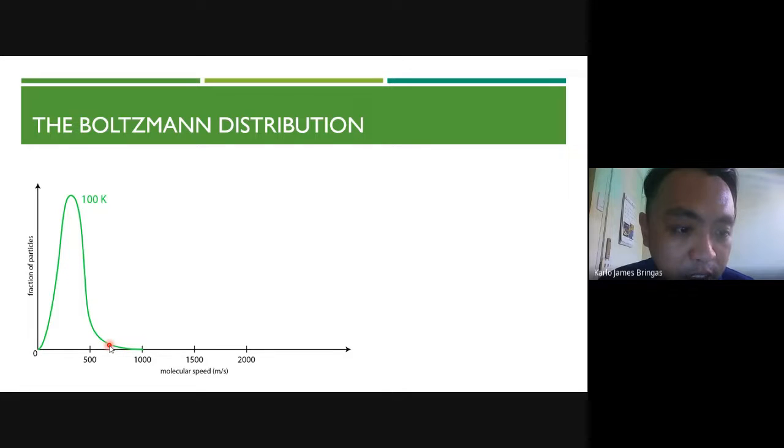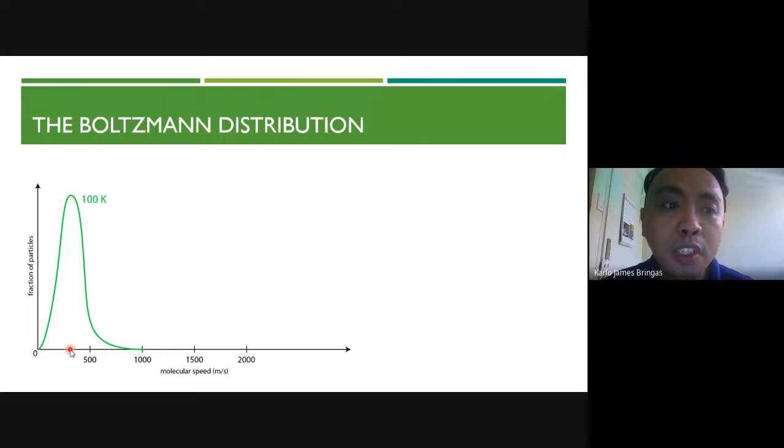As you can see, there is a large collection of possible molecular speeds from 0 to almost 1,000. However, the vast majority of our gas particles at 100 Kelvin are represented by the peak of our curve, as shown here. At the peak of the curve at 100 Kelvin, we can draw a straight line from the peak going down to the x-axis, and measure the most probable molecular speed for our collection of gas.